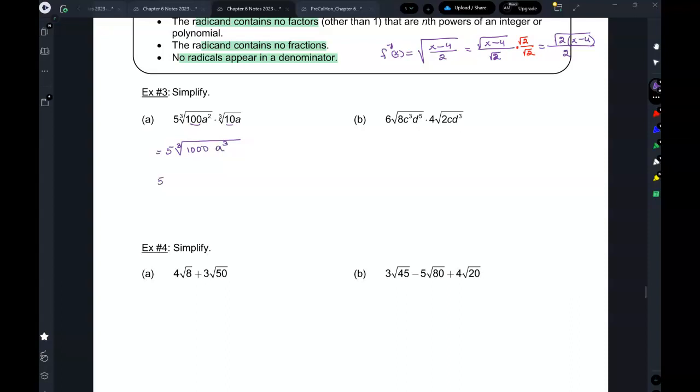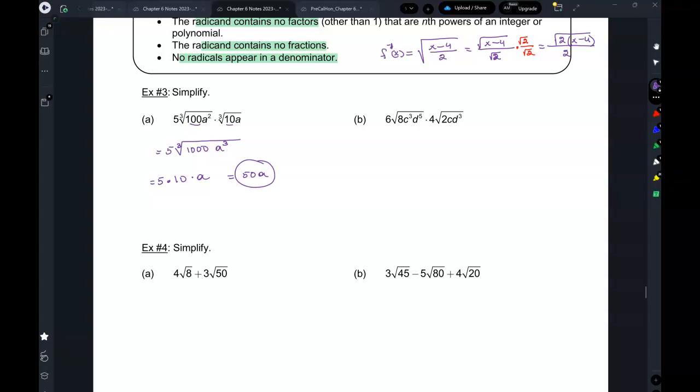So this is 5 times the cube root of 1,000, which is 10, because it's the number of zeros, right? 10 times 10 times 10. Times a. So finally, this is just 5 times 10a.